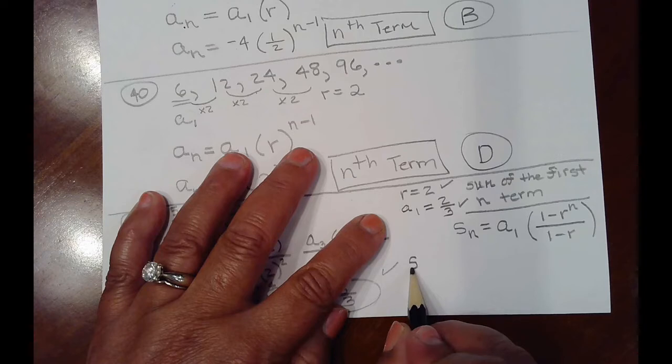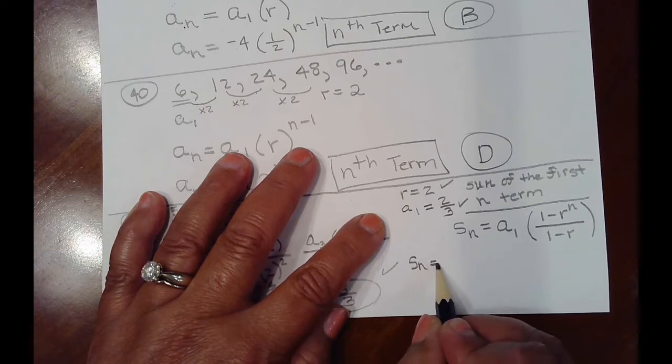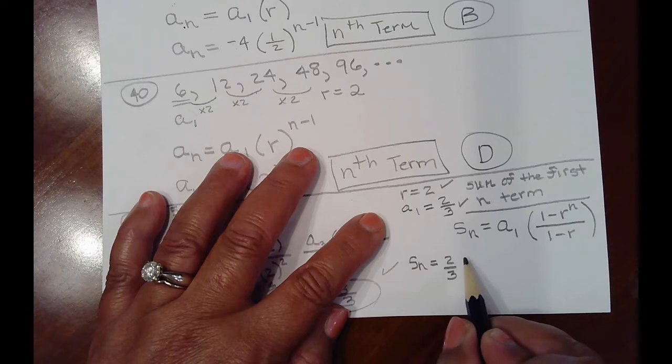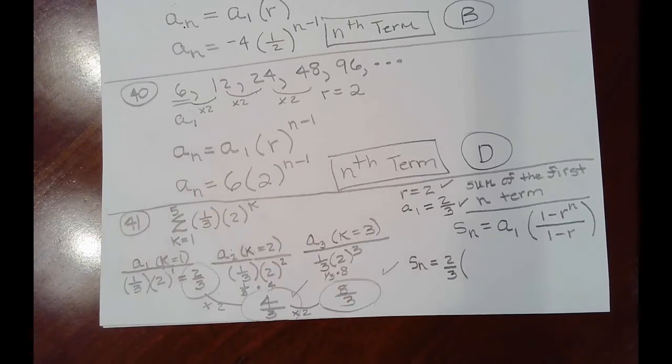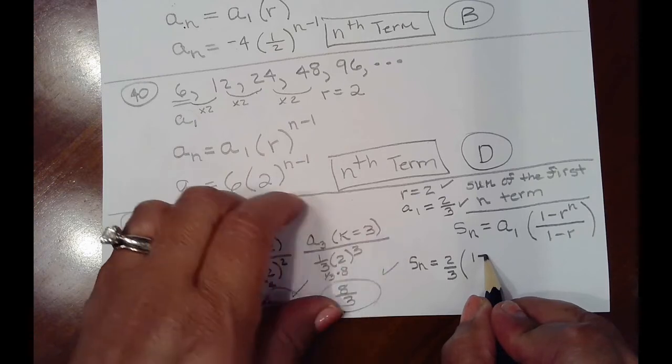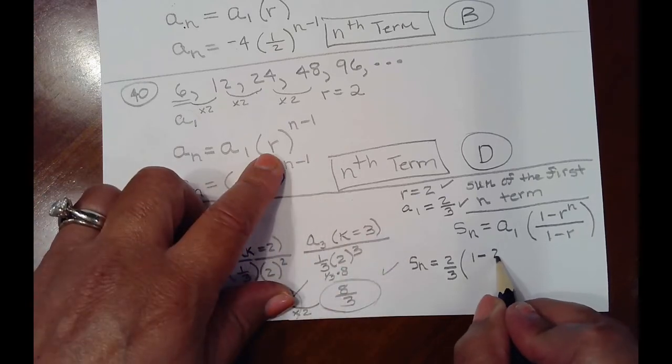Okay, so that would be using that formula. First term, that's that. The r value is 2.